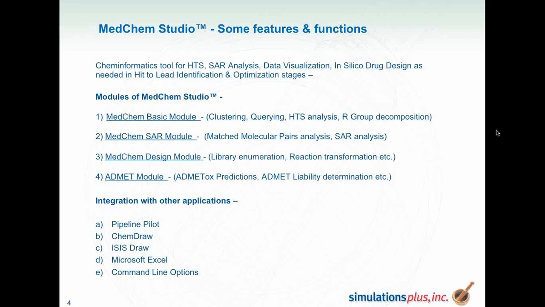MedChem SAR module is used for doing structure-activity relationship analysis and matched molecular pair analysis. MedChem Design module is for library enumeration and reaction transformation. And ADMET module is for prediction of ADME-tox properties and assessing the ADMET liability as well.